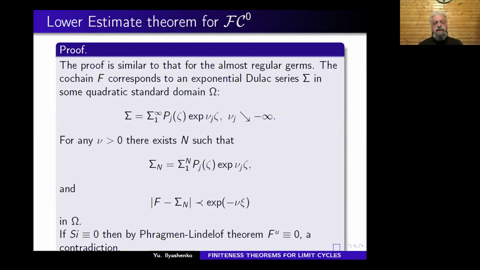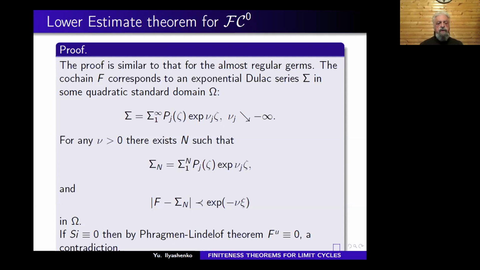We used this lower estimate theorem when we deduced the finiteness theorem from the additive decomposition theorem, because we wanted to say that the leading term is greater than something and the remainder terms are incomparably smaller than this something.